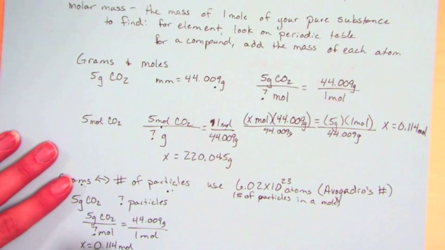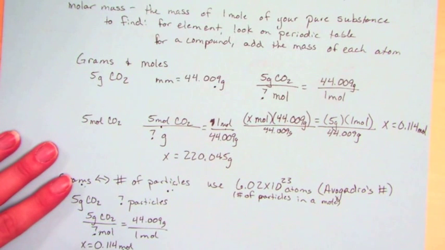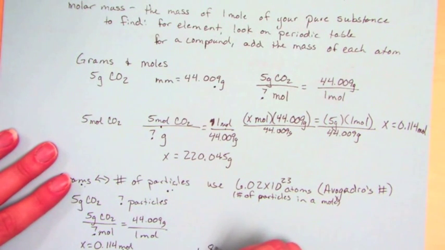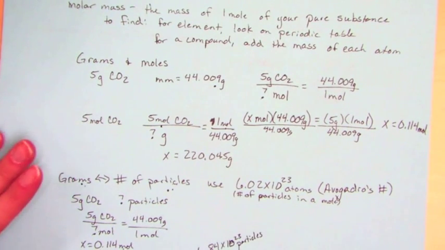So we would put 0.114 moles over question mark particles equals 1 mole over 6.02 times 10 to the 23rd. If you do your cross multiplying and dividing, our x equals 6.84 times 10 to the 23rd particles.